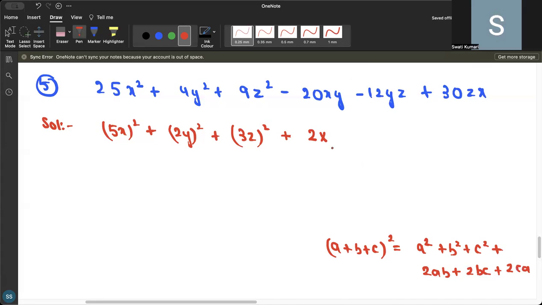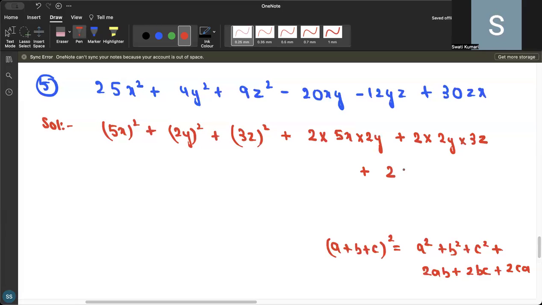So 2 into A, which is 5x, into B, which is 2y. Here we are getting a minus sign, that means out of these, one term is negative. Also plus 2 into B into C, that means 2y into 3z. Again we get minus, so one term is negative.